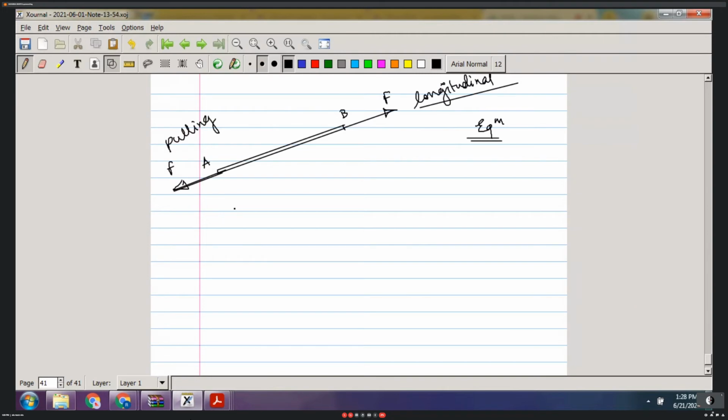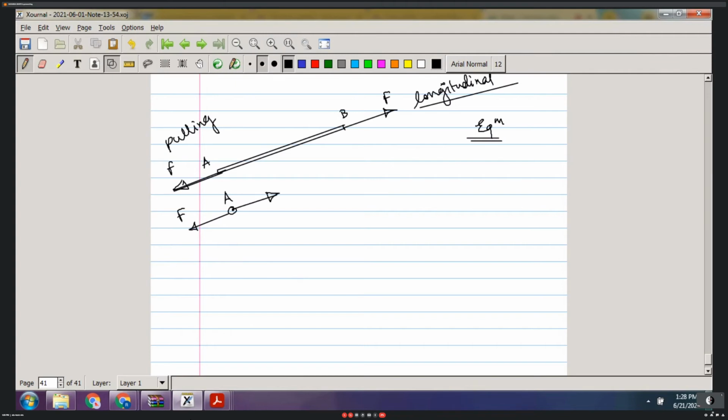Obviously, if I draw the free body diagram for joint A, to keep joint A in equilibrium, to balance this external force F, what type of force should be generated in the member? Tension.